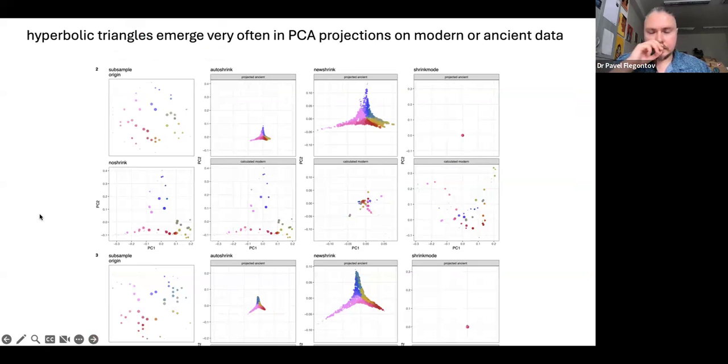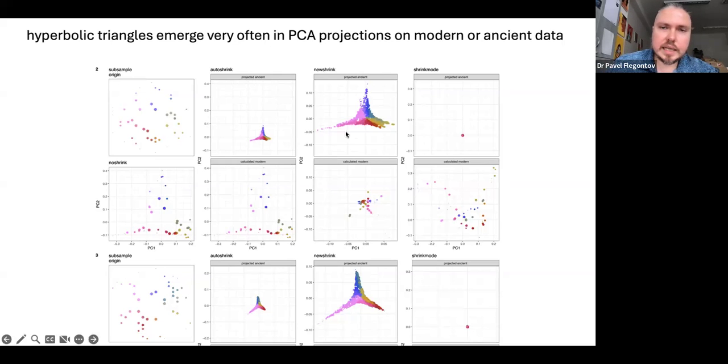And let's look at some other subsampling iterations. So we just, from the same simulation, take a little bit different set of individuals for constructing this basic PC space and then for projecting onto it.